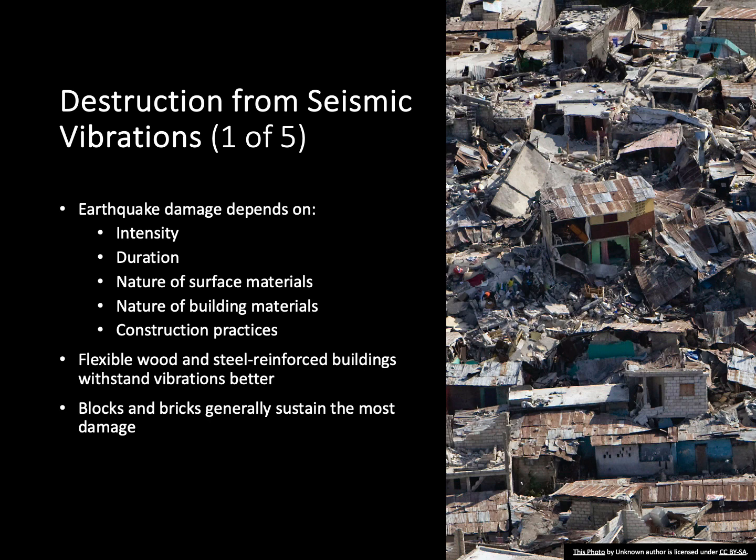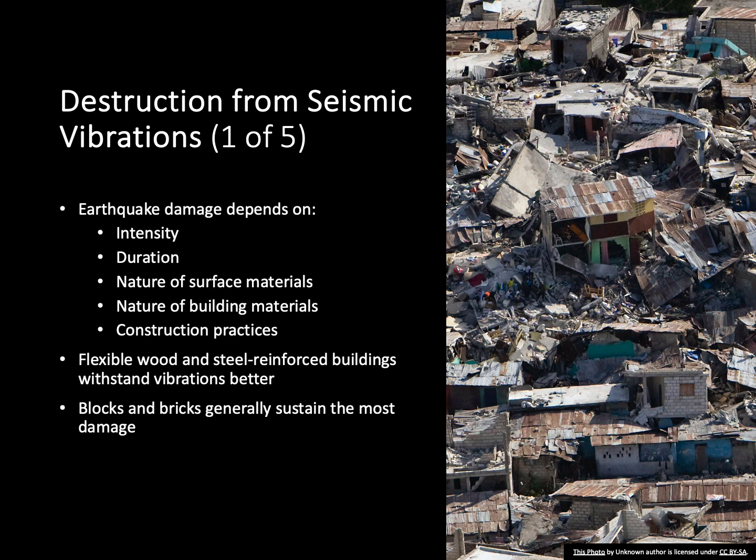The second major factor is just the duration. We're going to see that earthquakes that are lasting 3 minutes will do a lot more damage than an earthquake that only lasts for 30 seconds. But we also want to look at the nature of the surface and the building materials that are used. Different materials can either shake or break.